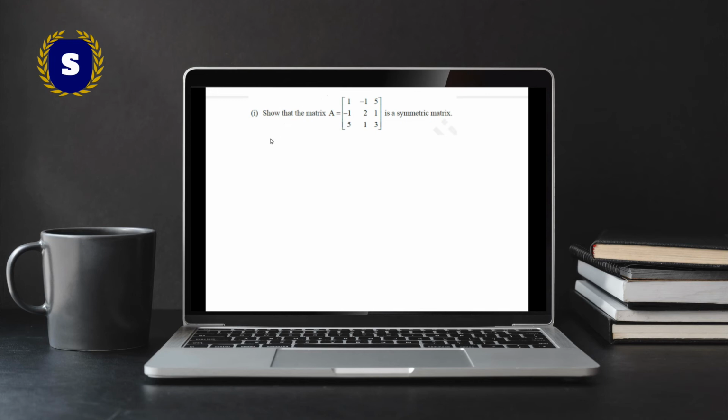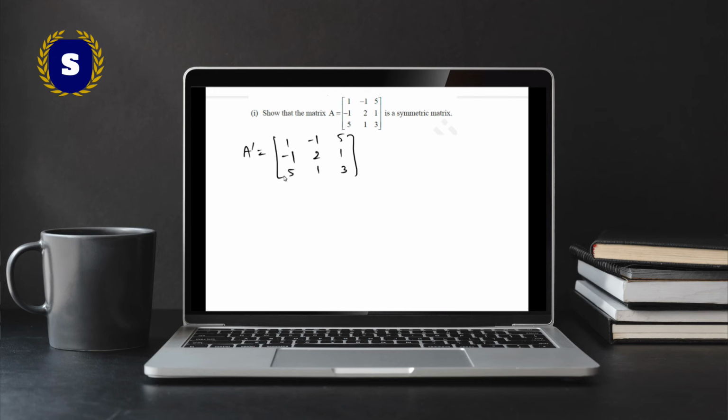To prove it is a symmetric matrix, we have to calculate its transpose. So A transpose will be equal to 1, minus 1, 5, minus 1, 2, 1, 5, 1, 3.